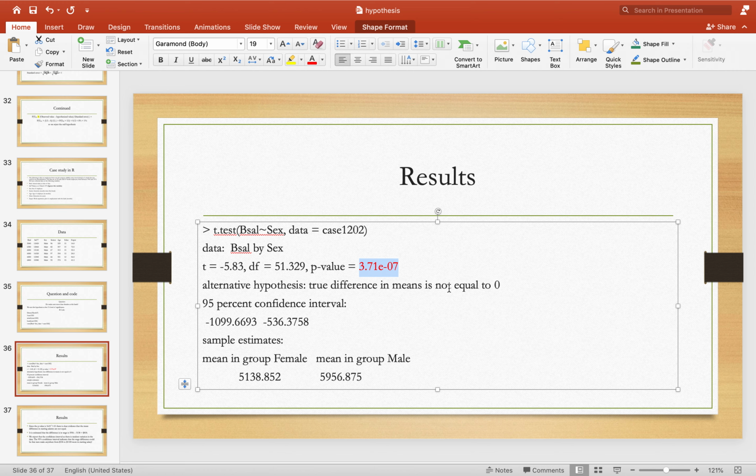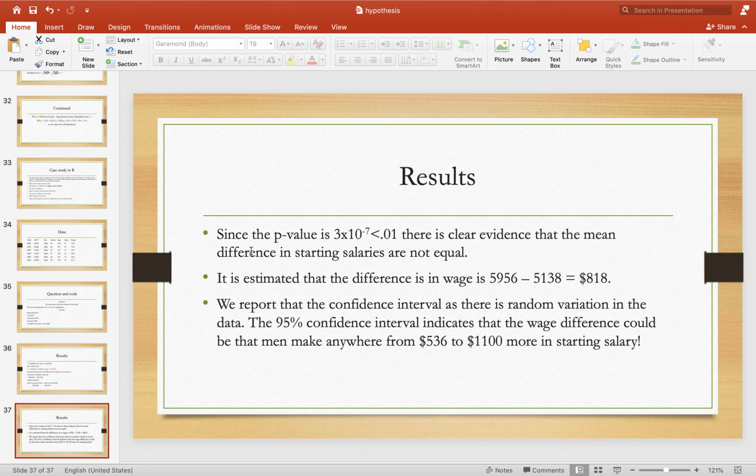Okay. And if I had to calculate a 95% confidence interval, it'd be from basically minus 1100, I rounded to minus 536. I have the average wage of women, which would be 5,138, compared to that of men, which is 5,956. Now let's just look at this.